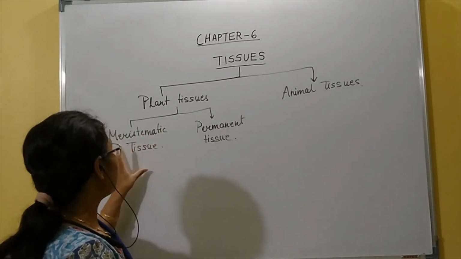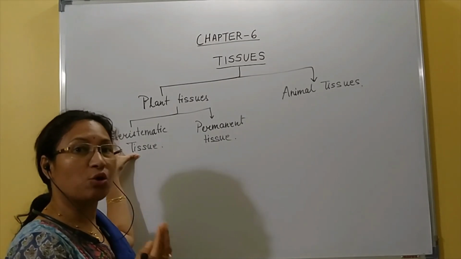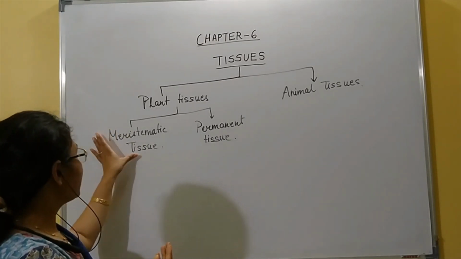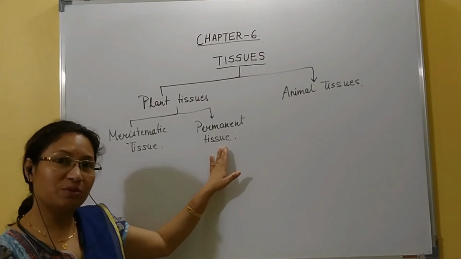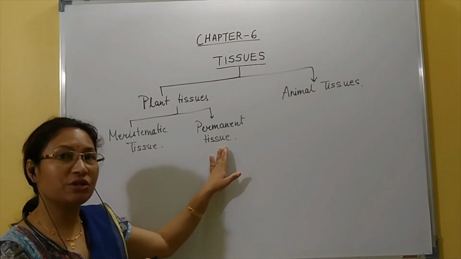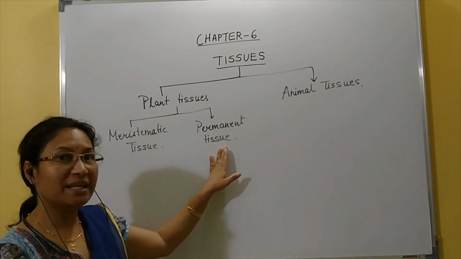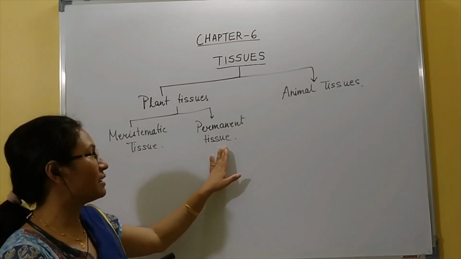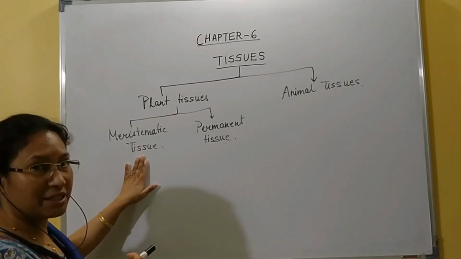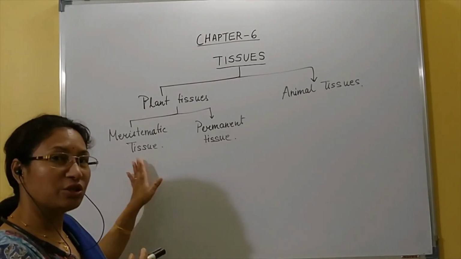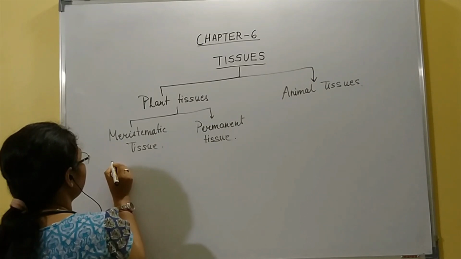Now in the plant, those cells which divide continuously come under the meristematic tissues, and those cells which have stopped dividing and are going to differentiate into different kinds of cells and perform different functions are called the permanent tissue. Here the meristematic tissue is again divided into three kinds.